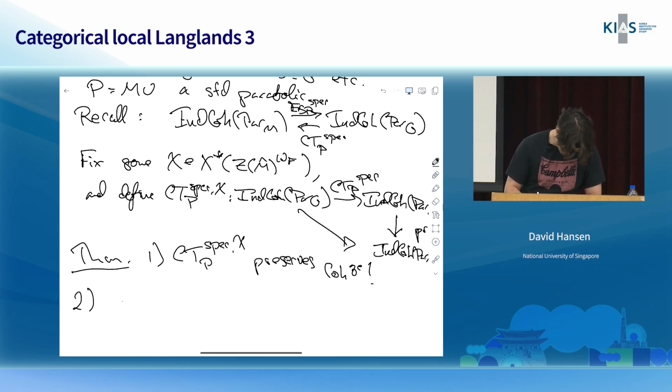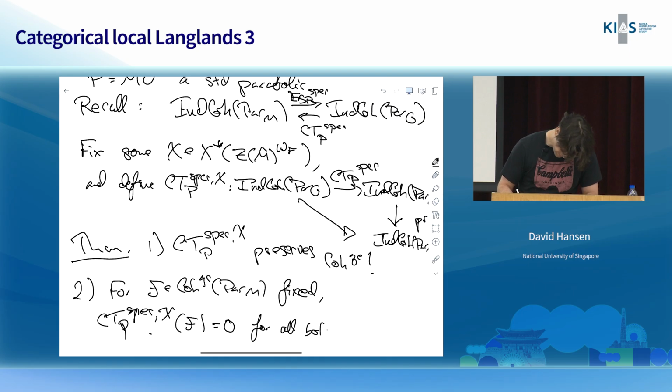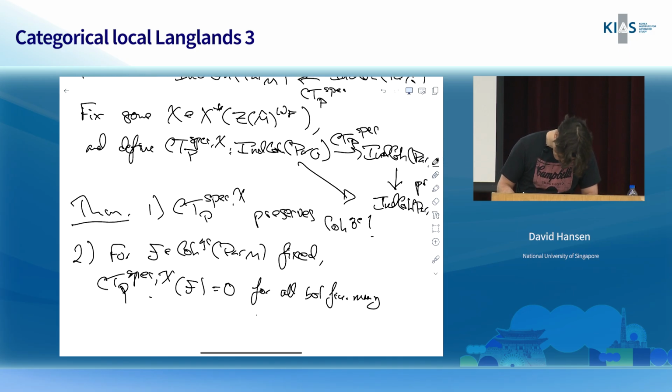And there will be a part two: for F in co-QC of the Levi, some fixed sheaf, CT P spec chi of F is 0 for all but finitely many P-dominant chi.